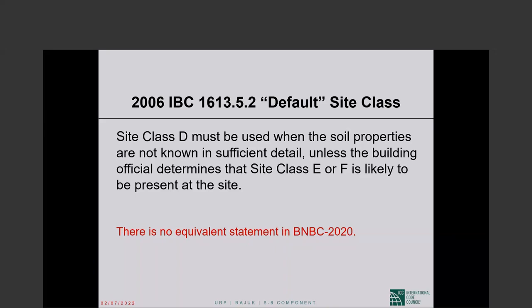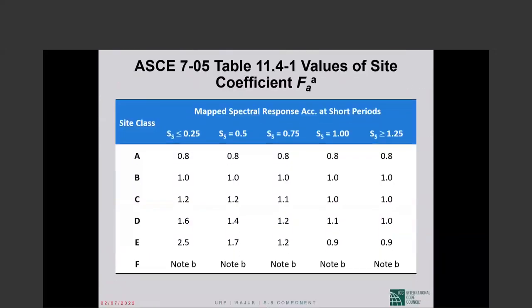If the building department tells you that they have indication that class C or F soil exists, then that becomes the default site class, not D. But otherwise, it is D. BNBC does not have an equivalent statement. I do not know why, but it does not.